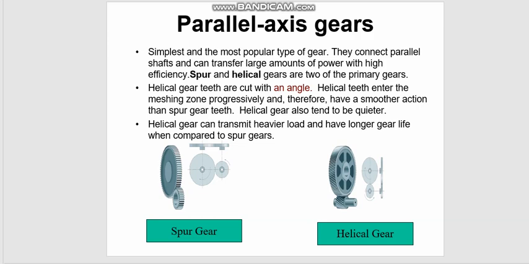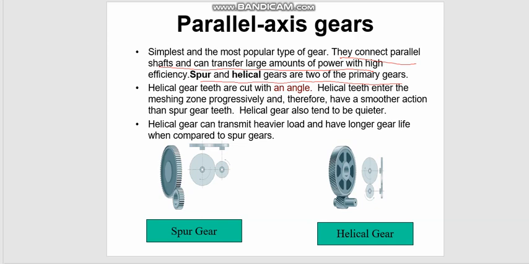So let's look at the parallel axis gears. This is the first type of gear, and it is the simplest and the most popular type of gear being used out there. They connect parallel shafts and can transfer a large amount of power with high efficiency. Spur and helical gears are two of the primary gears in this category.